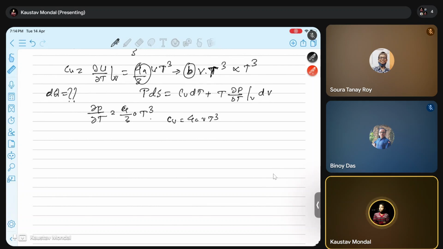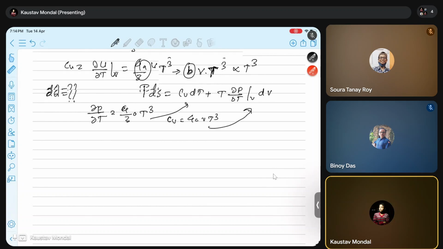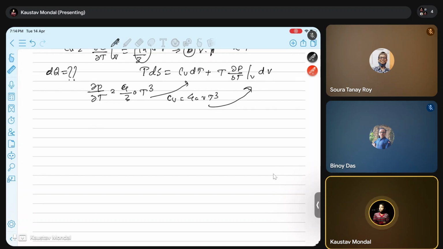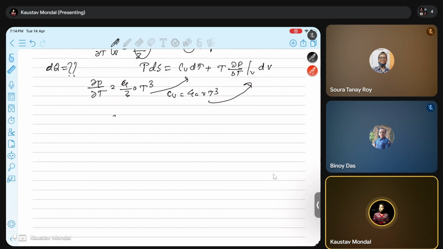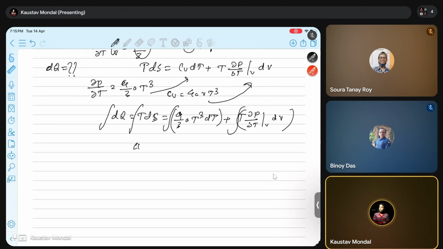Just by substituting these two quantities, TdS is nothing but dQ, right? So dQ is basically 4 by 3 A T cubed dT plus T del P del T at constant V dV. So do the integration, and you will get the change delta Q.